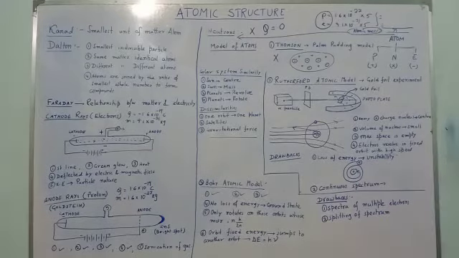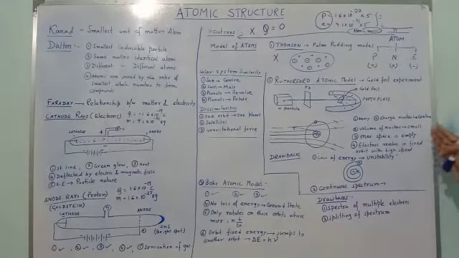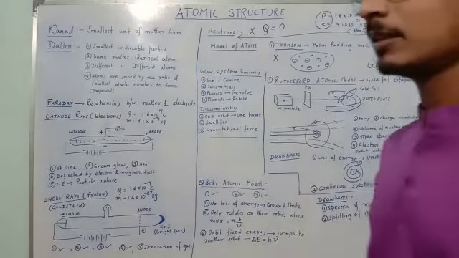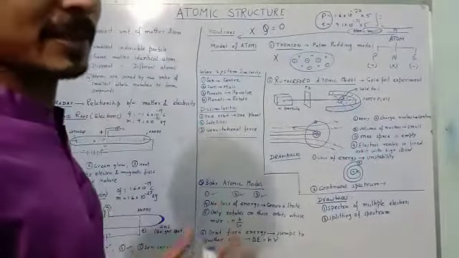That means the volume of the nucleus is very small as compared to the atom. And number 4, electrons revolve in some fixed orbit with very high speed.